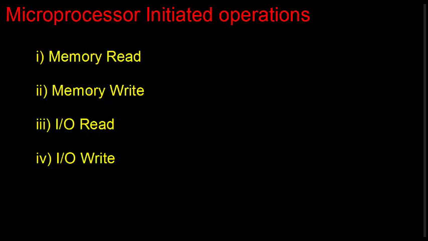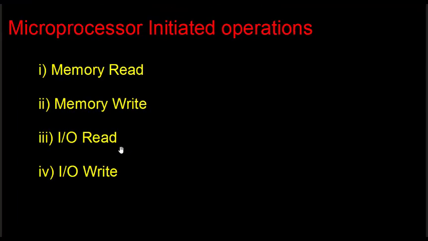Now the first category is the microprocessor initiated operation. This can further be divided into 4 types. The first is memory read, second is memory write, then input output read, and input output write. Using memory read, the microprocessor reads either data or instructions from the memory.